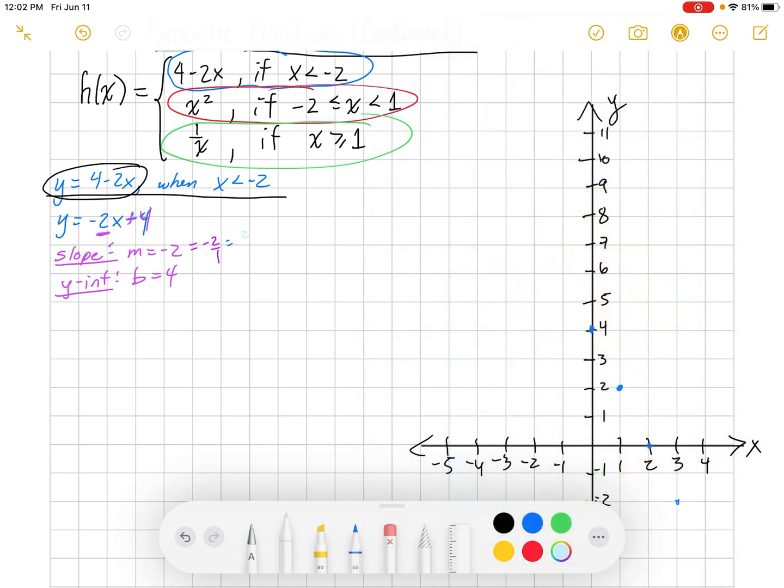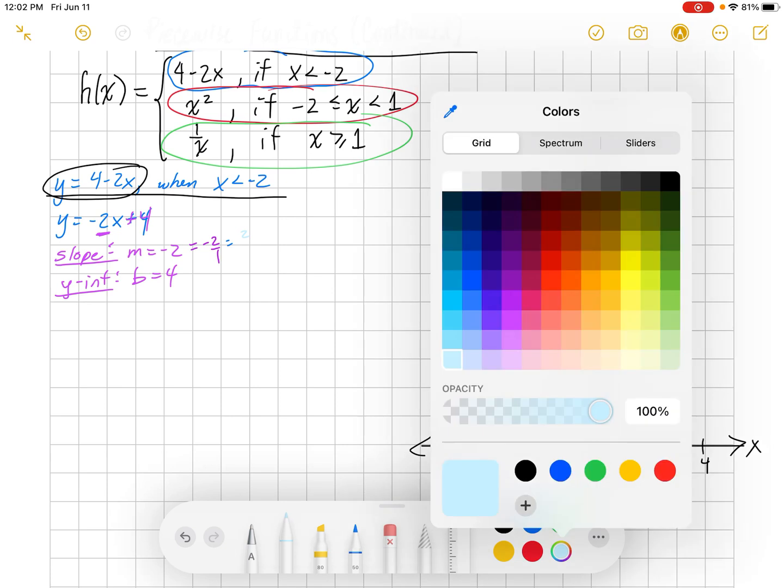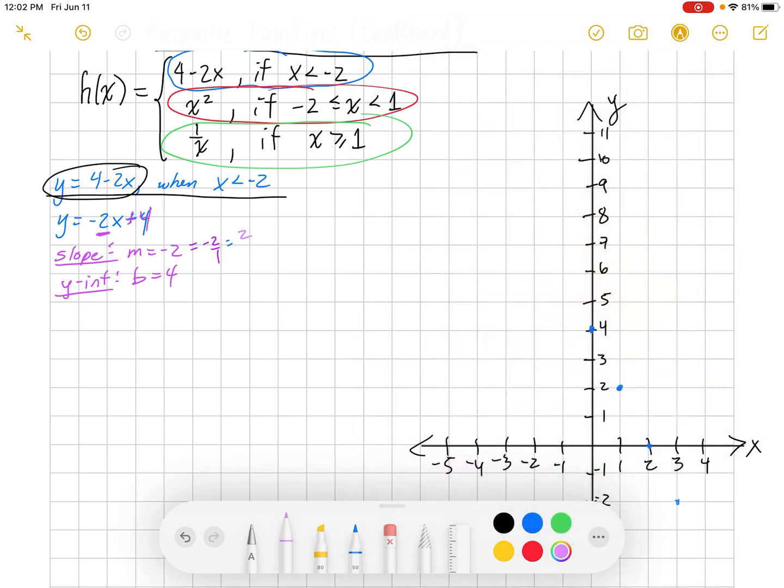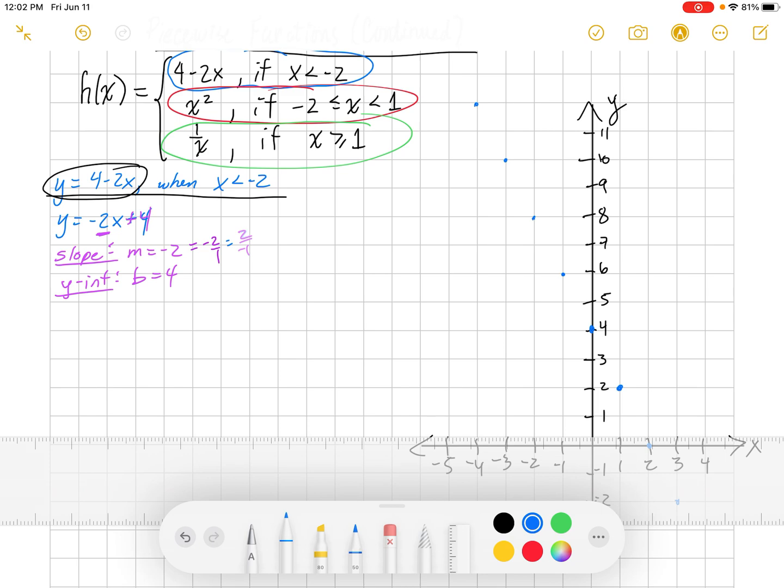Or I could also think about it this way. I could write it as 2 on top, negative 1 on bottom. That would be up 2, left 1. So up 2, left 1, and so on.